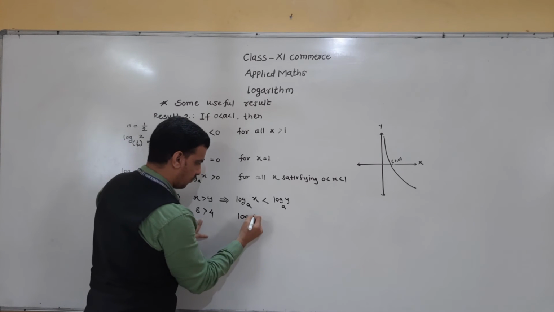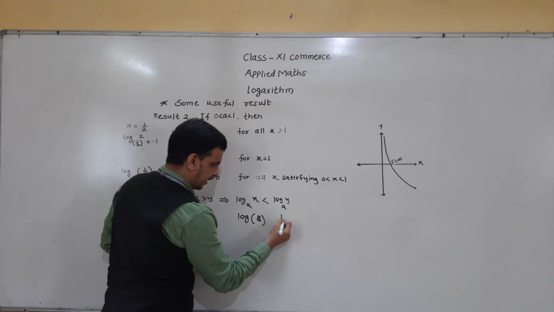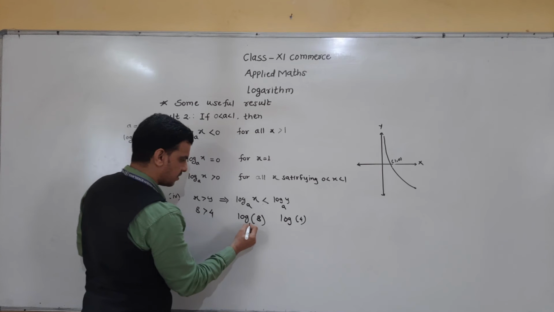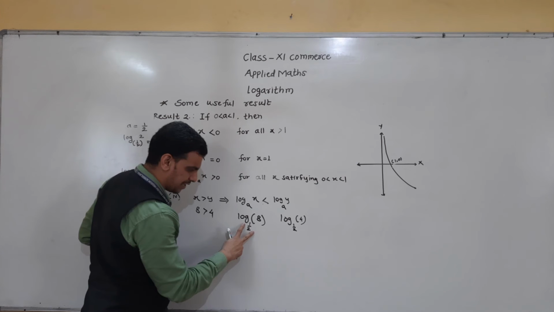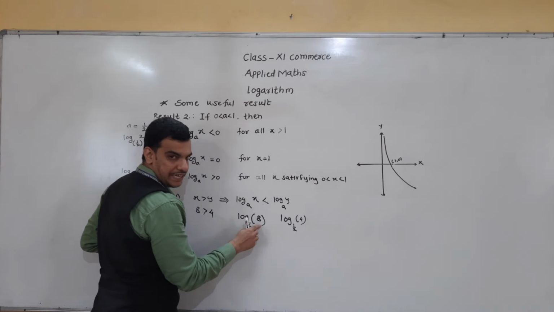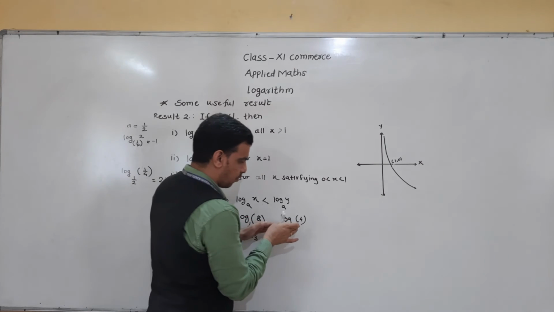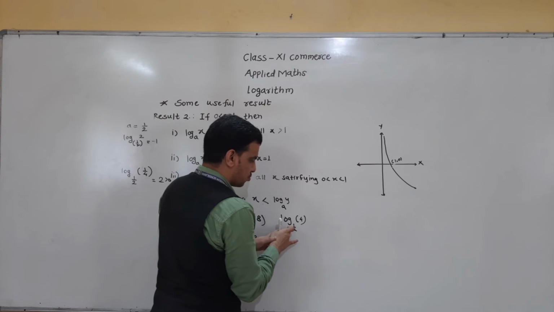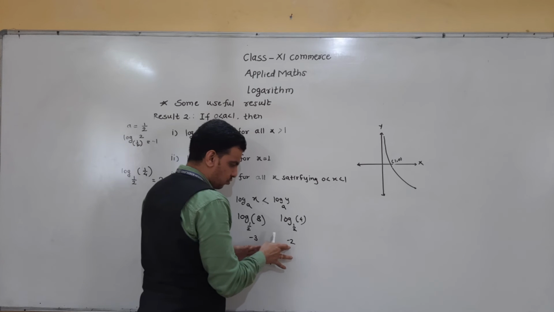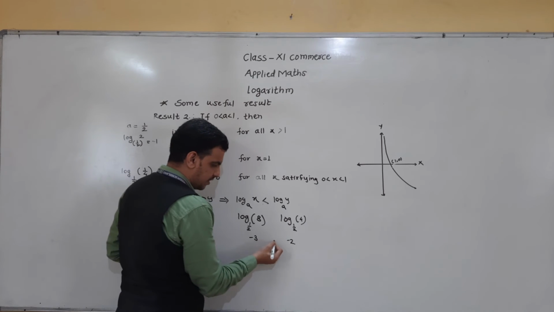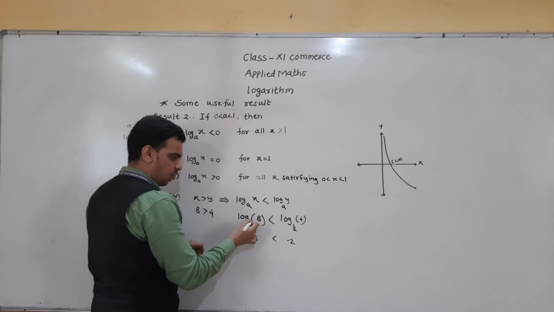Taking log of 8 and log of 4 to the base 1 by 2: for 8 the power is minus 3, and for 4 the power is minus 2. Between minus 3 and minus 2, minus 2 is greater. So log of 4 is greater than log of 8.